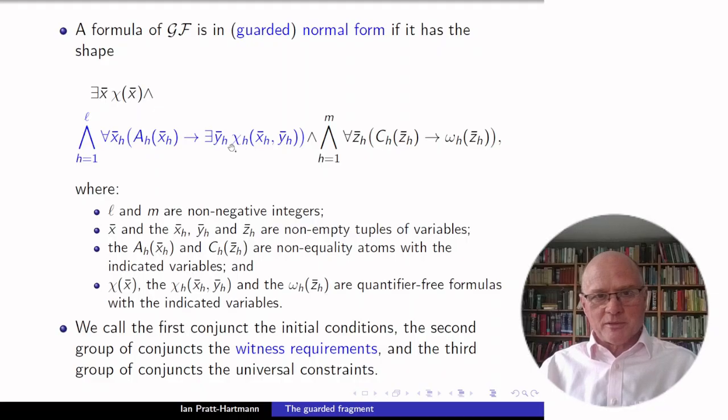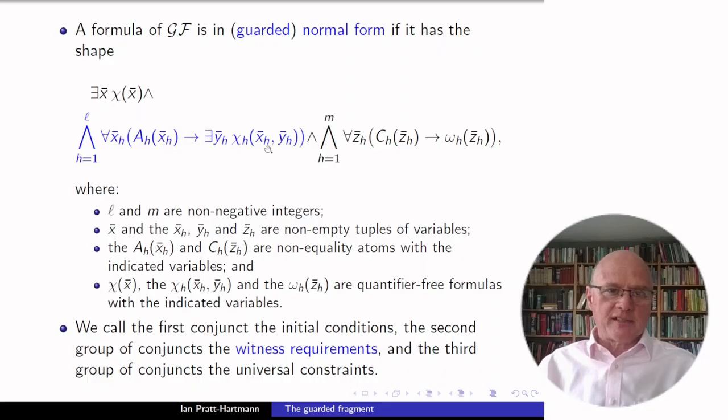And the free variables of the formula chi are just the variables in xh, together with some extra ones which we've quantified, namely yh. And there are no other free variables in chi, because they will have to be mentioned in this tuple here.